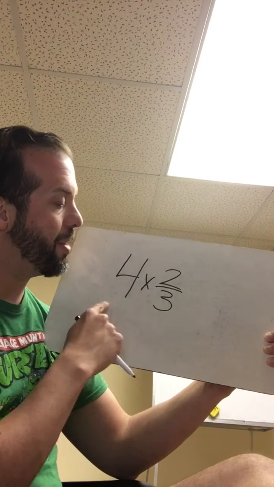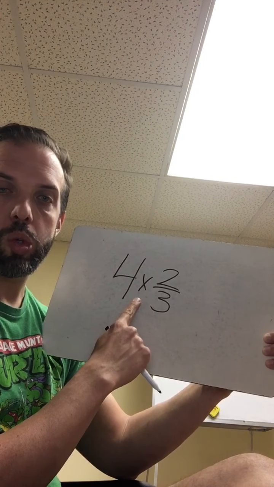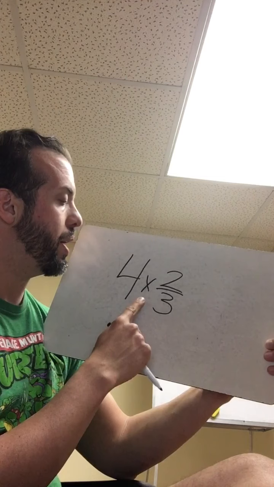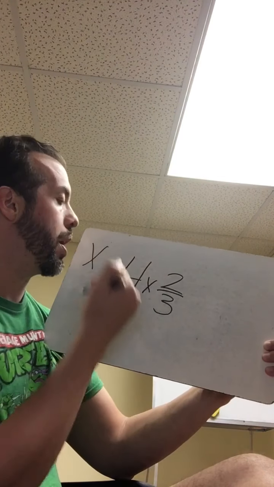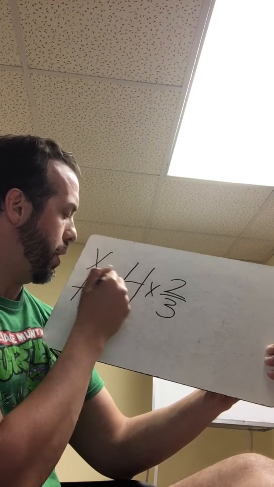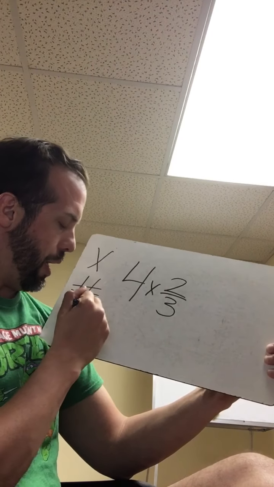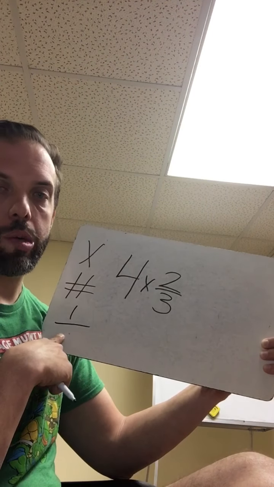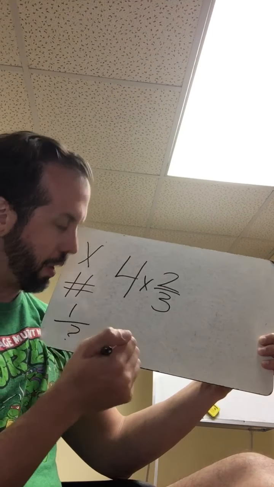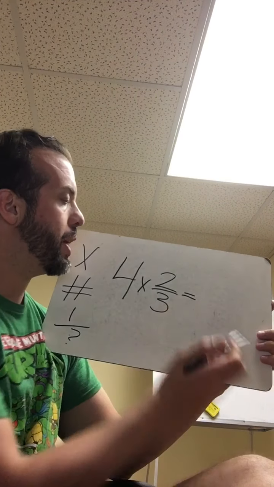All right, so if it was the same problem we just did, which was 4 times 2/3, and it says, right now, this is a product, right? We know that because of the multiplication symbol. So they want us to write the product as a product of a whole number and a unit fraction. Remember, a unit fraction has a numerator of 1. Okay? So I'm going to put my equal sign.